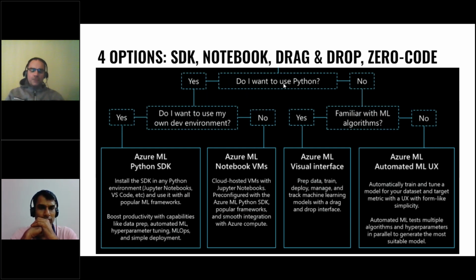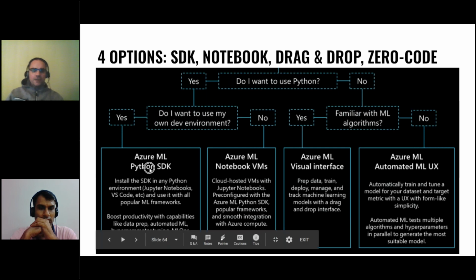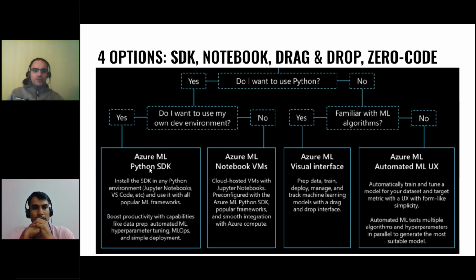So first of all, the primary language that is being used in machine learning service is Python. If you're comfortable using Python, you have two options at hand: you can either use the Azure Machine Learning Python SDK, software development kit, or if you like working with notebooks, Azure Machine Learning comes with a notebook that is essentially based on Jupyter notebooks.